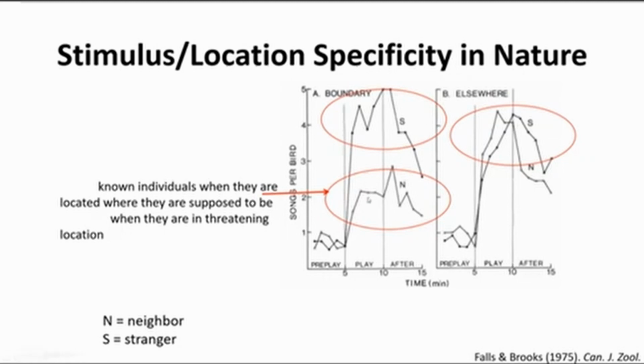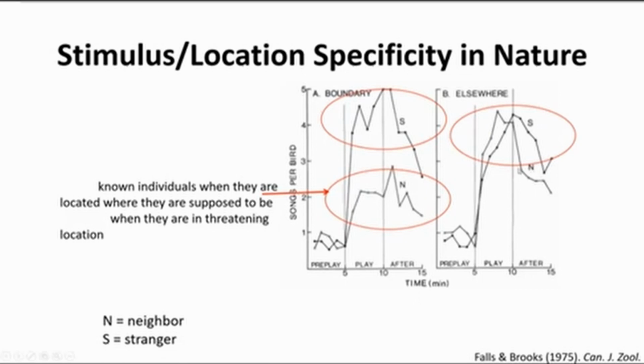If they hear it and it's Frank and they know Frank, they don't really care. They have this idea that, well, Frank knows where my territory is. He's not a threat. So reduced responding here. And then what I really like is as soon as they move that playback inside the territory, it doesn't matter if you are a stranger or a known neighbor.